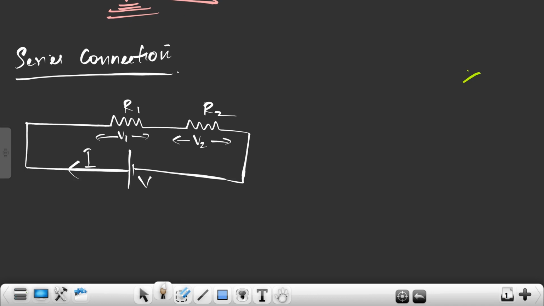We know the total potential difference V will be given by V1 plus V2. Then by Ohm's law we know V is equal to IR. Then what will be V1?